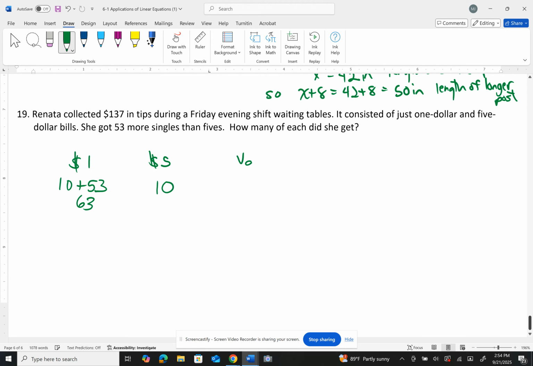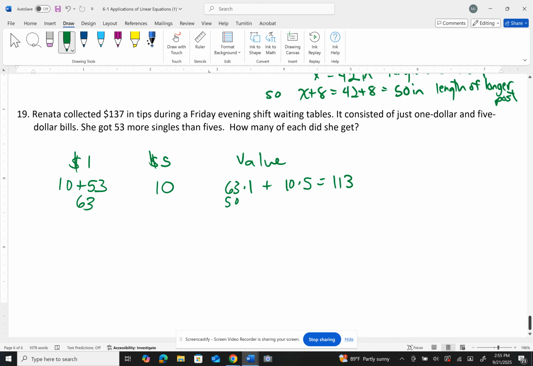So what's the value of all of that? It would be 63 times 1 plus 10 times 5, and 50 plus 63 is $113. Okay, so she had more than that. So that makes me want to have more $5 bills.